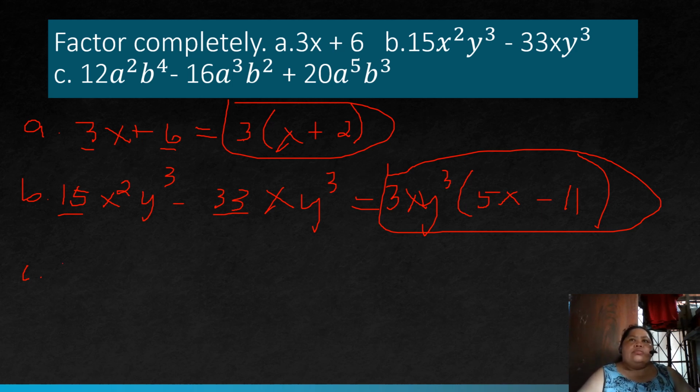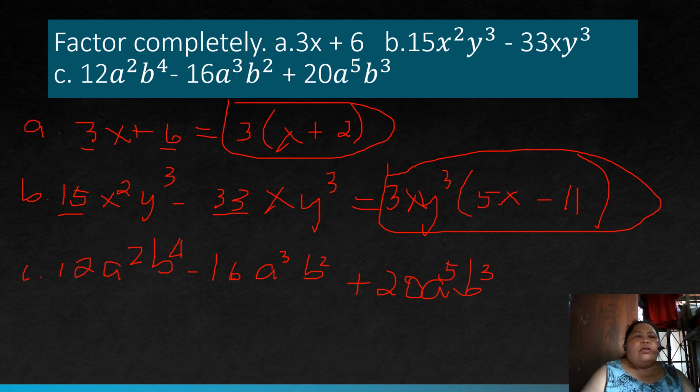Okay, for letter C, we have 12a squared b to the fourth minus 16a cubed b squared plus 20a to the fifth power b cubed.